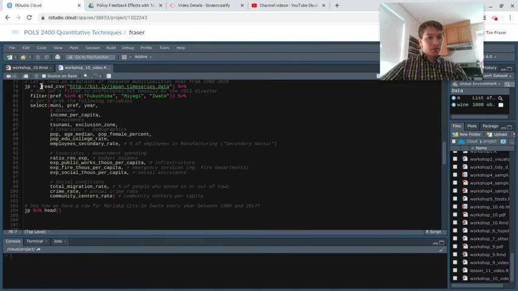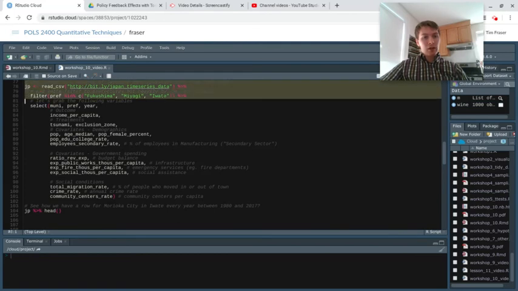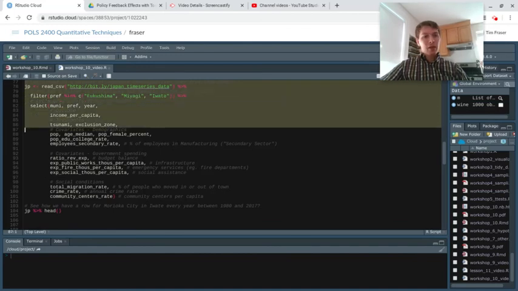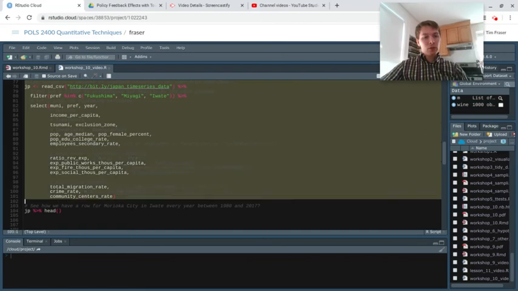It's going to say, hey, please grab all of those towns over those years that were in the disaster zone. Remember this from our earlier lab, that were in Fukushima, Miyagi, or Iwate prefectures, and grab each of these variables. Ooh, lots of good things.